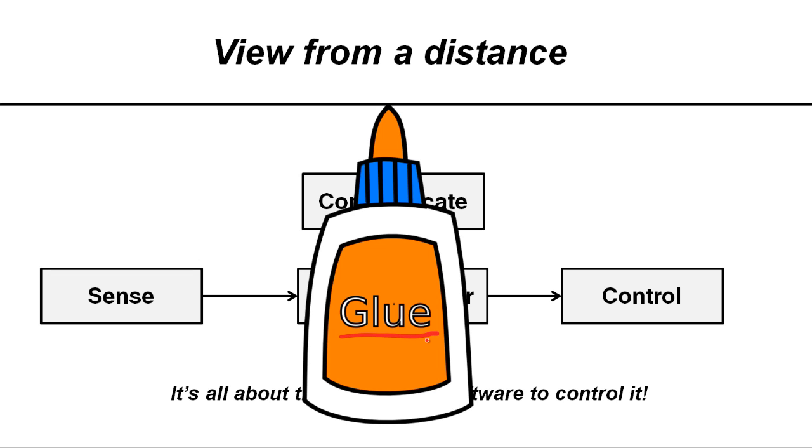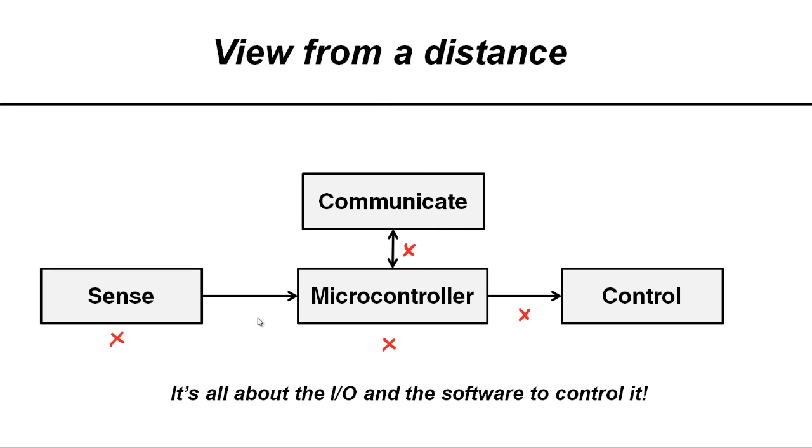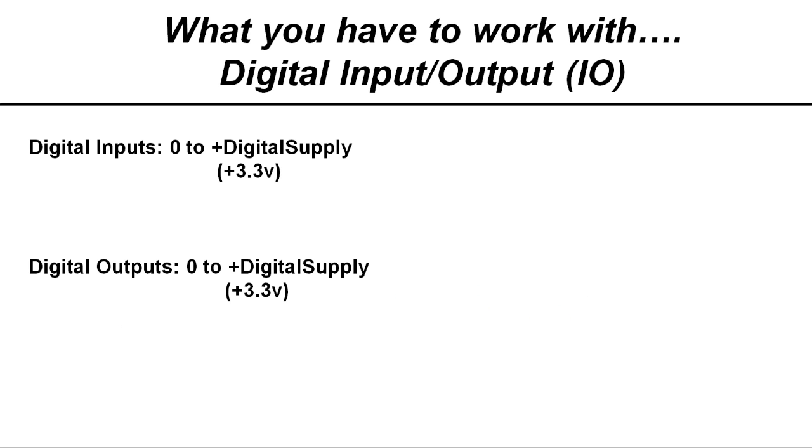It's just glue. Now, an important point about microcontrollers: it's all about the I/O and the software you write to control it. So you just have to understand your I/O, and then once you understand all your pieces, you can come up with a strategy to figure out how you're going to control this system.